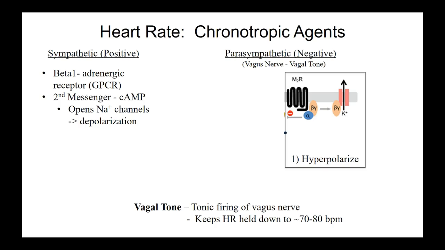That second messenger is cyclic AMP. What was the first messenger? What was the neurotransmitter that bound to it? It is a GPCR, a receptor, but what bound to the receptor in the first place? Norepinephrine, epinephrine. That's the first messenger.